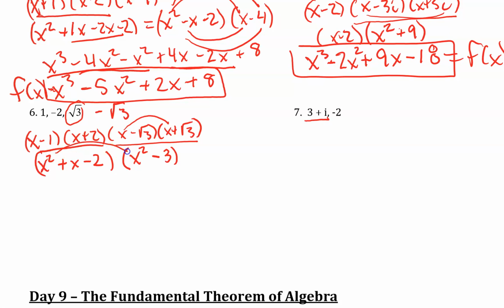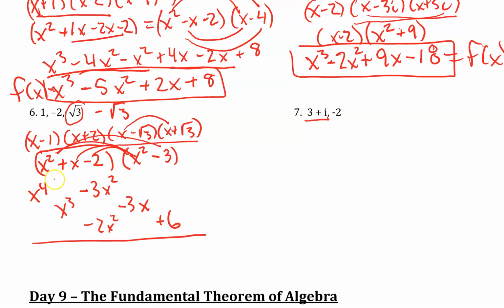So x squared times x squared is x to the 4th. x squared times negative 3 is negative 3x squared. I'll keep working through. x cubed minus 3x, negative 2x squared plus 6.